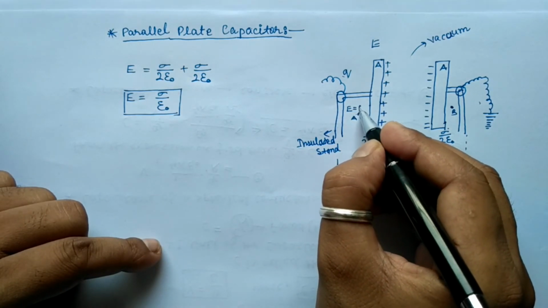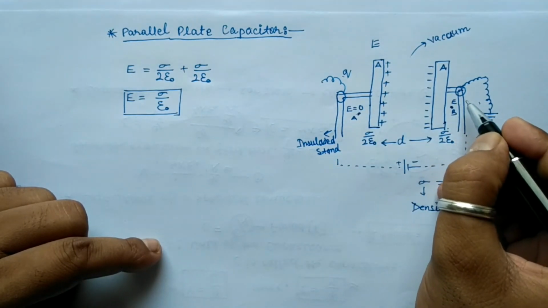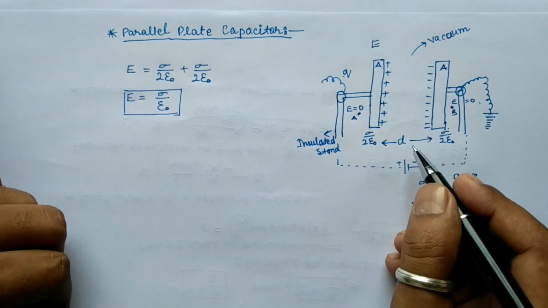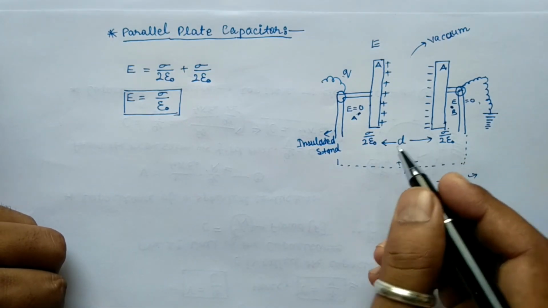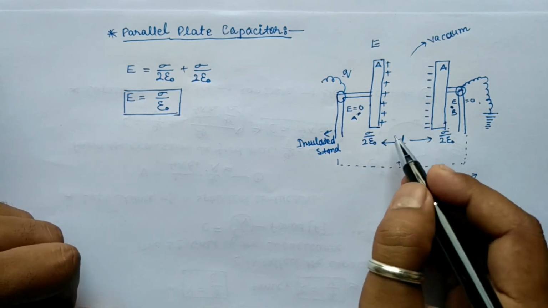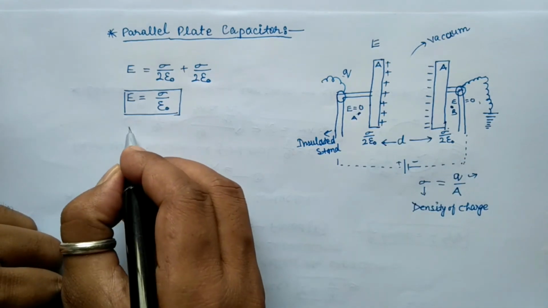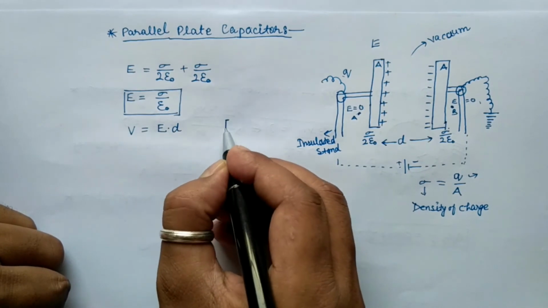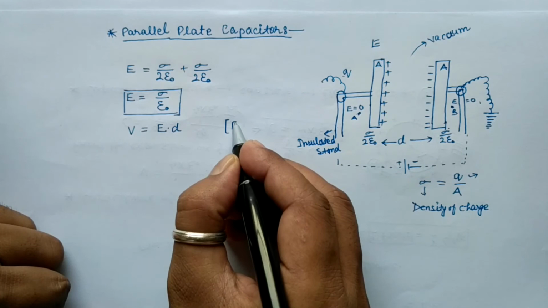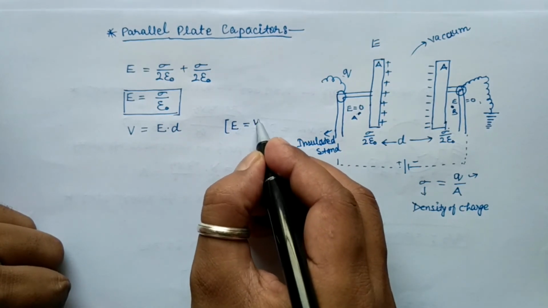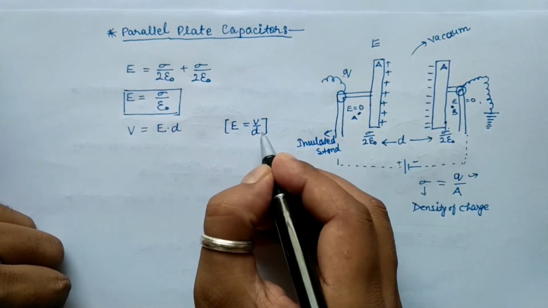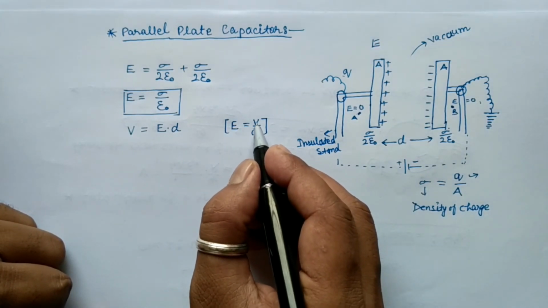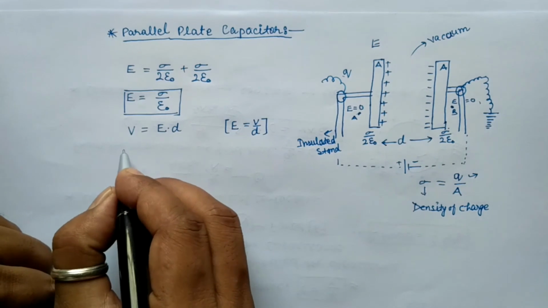Here, capital E is equal to 0 and capital E is equal to 0. The potential difference between the plates is V is equal to E into d. You know, E is equal to V by d. This is the basic formula. Here V is equal to E into d.